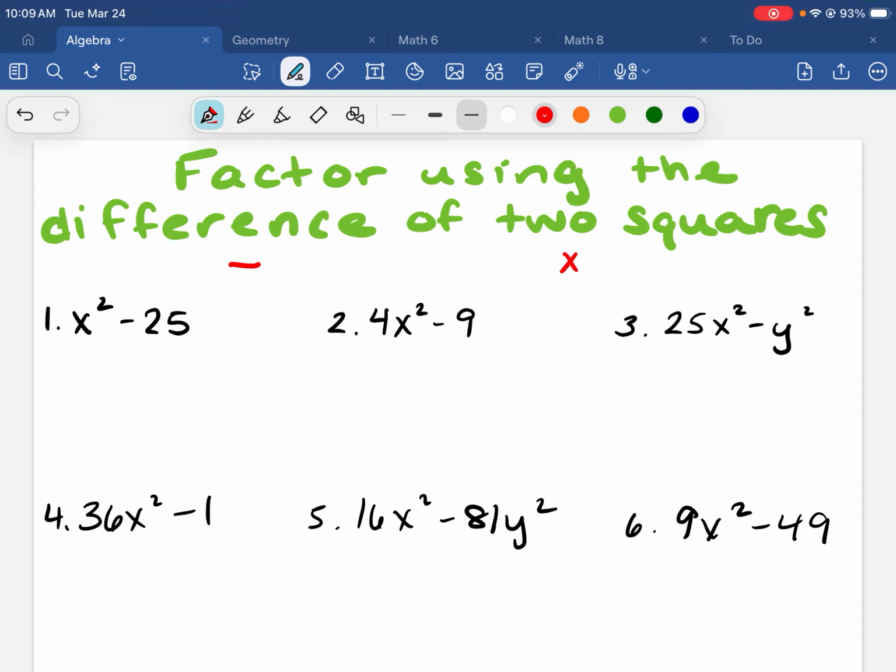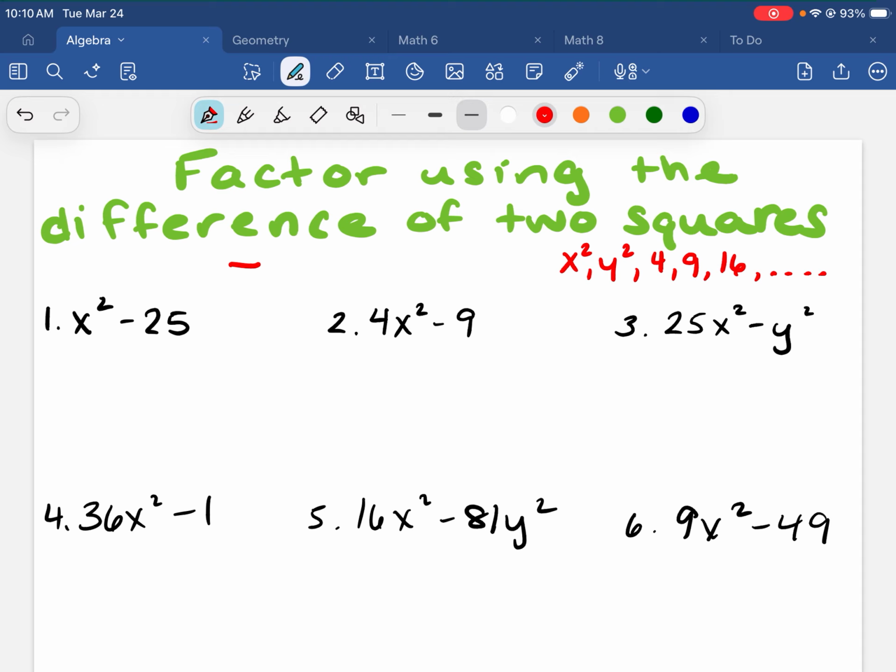So for example, x squared, y squared, 2 times 2 is 4, 3 times 3 is 9, 4 times 4 is 16, and so on. When we have the difference, subtraction of two squares, we can expand the binomial into the product of two conjugates. So what that means is we're going to have something plus something times something minus something. And I'll show you why that will end up canceling out to its original form.